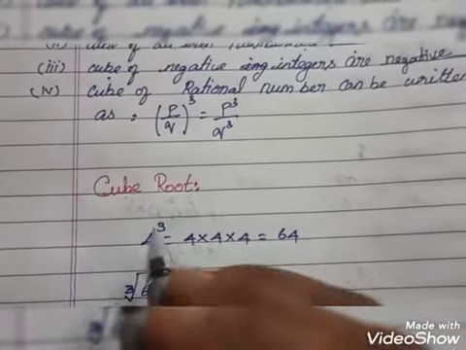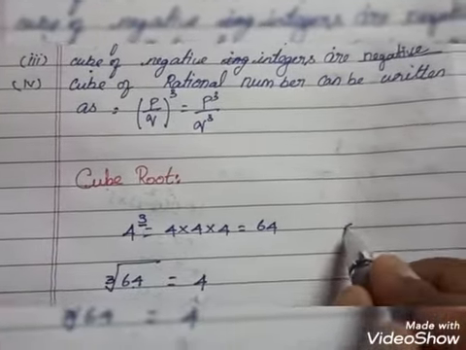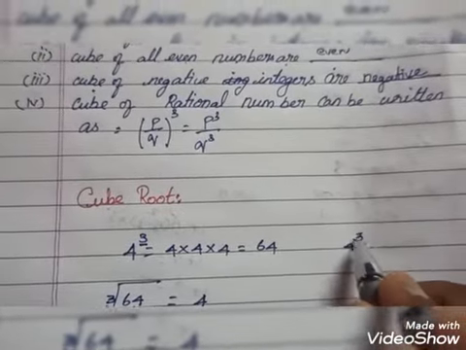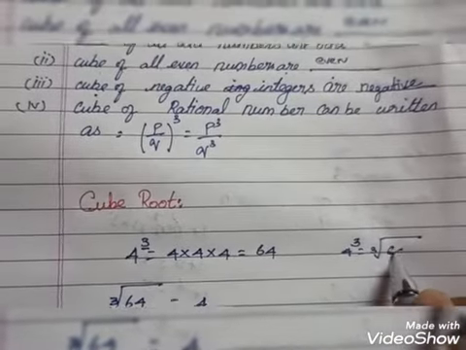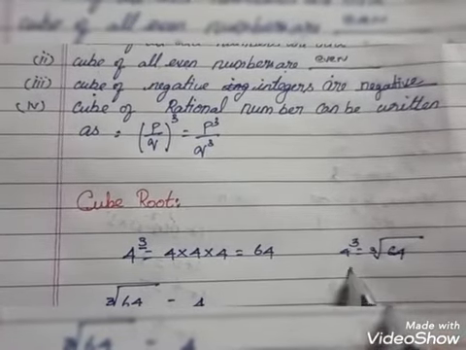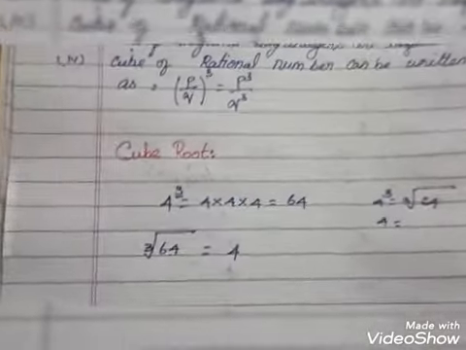How did it happen? 4 cube is written like this, and it becomes 64. So how does it happen?